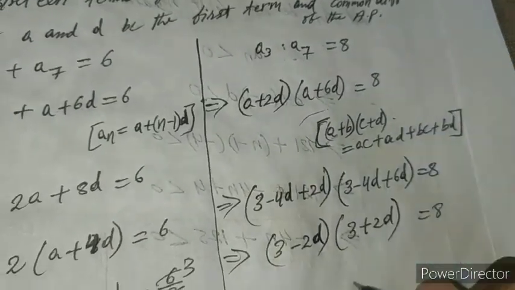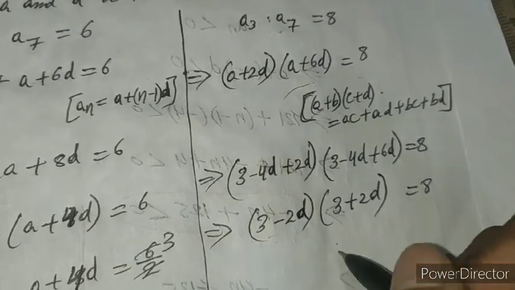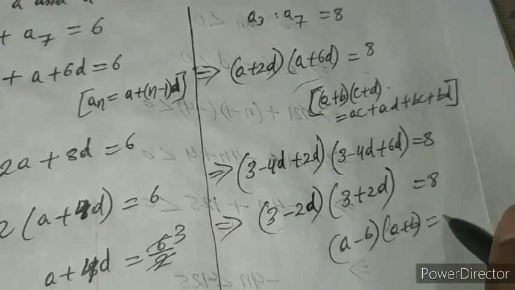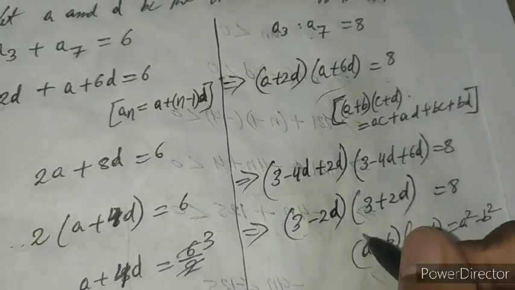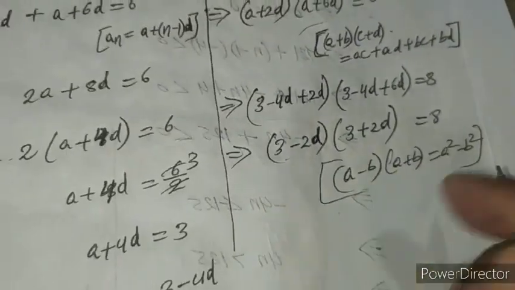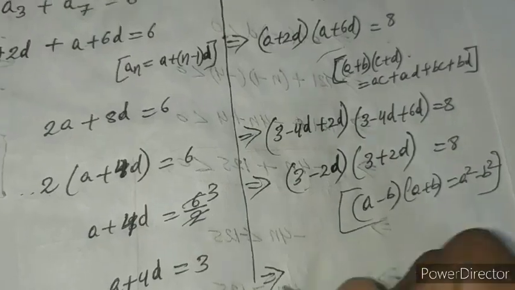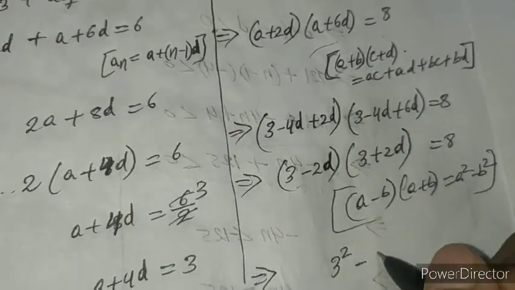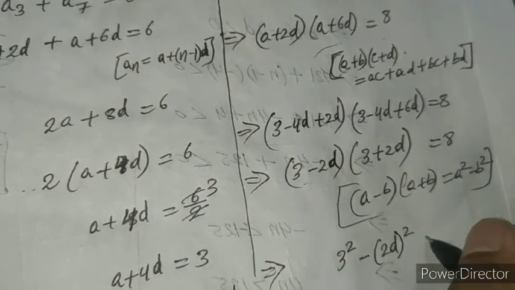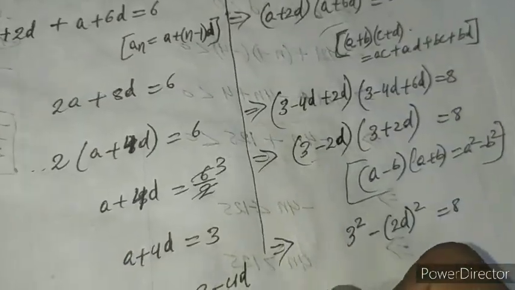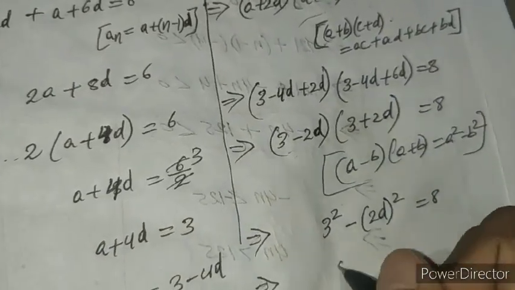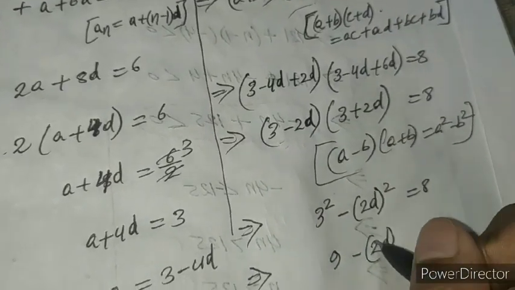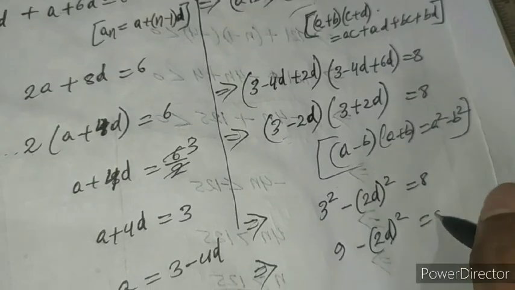Now here you can see a minus b and a plus b. What formula do we have? a square minus b square. So now we will use this formula. So 3 square minus 2d square is equal to 8. 3 threes are 9 minus 4d square is equal to 8.